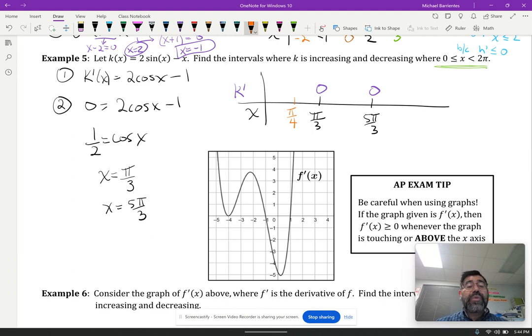And I want to know what kind of answer I get when I substitute pi over 4 into my derivative. So that would be 2 cosine pi over 4 minus 1. Cosine of pi over 4 is square root of 2 over 2. But if I multiply times 2, that's just going to give me square root of 2 minus 1. So the question is, is the square root of 2 bigger than 1?